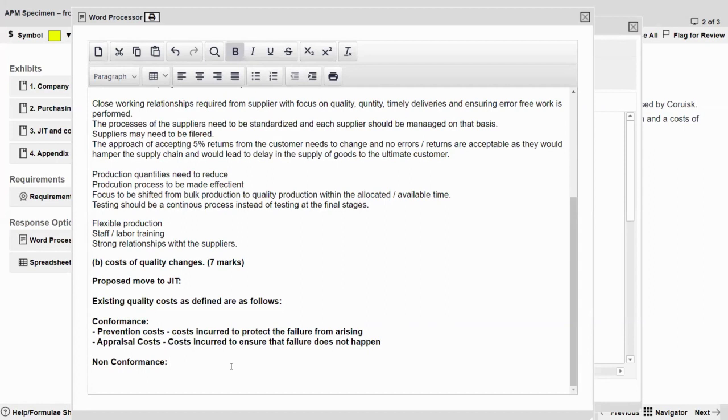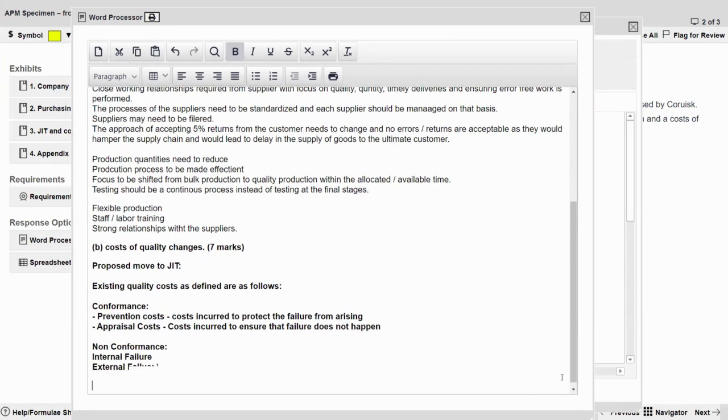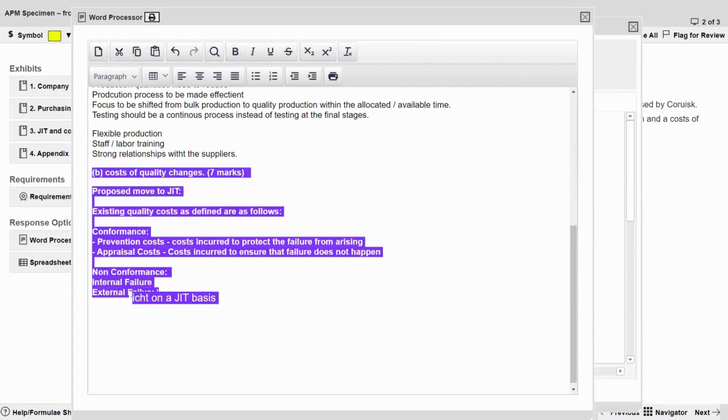The cost of non-conformance, internal failure. I literally don't know what's going wrong with it. Why are we having this issue? I don't know what is hidden over here, which is actually bothering the whole of this.